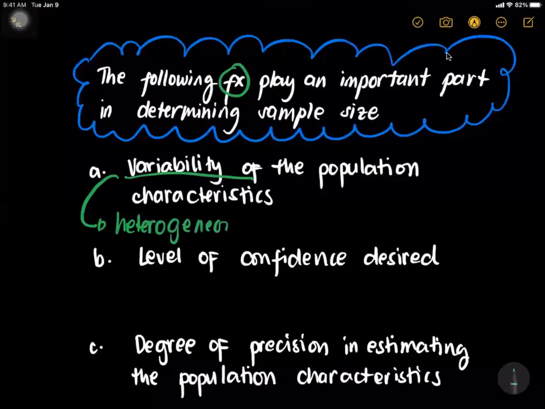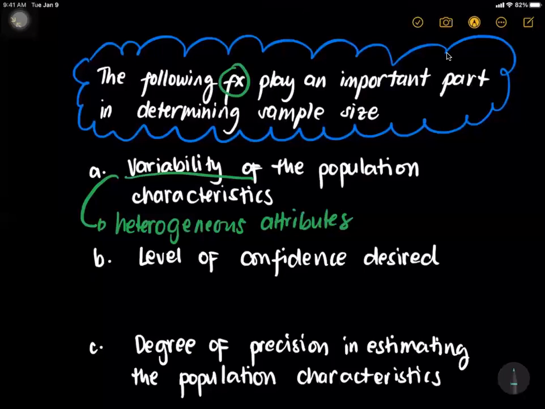heterogeneous attributes. Okay. So let me just get this simply. When you say heterogeneous attributes, we're talking about the different characteristics of your population. So if your population is so diverse, if your population doesn't really share a lot of common characteristics, it is suggested that you must increase your sample size, okay?